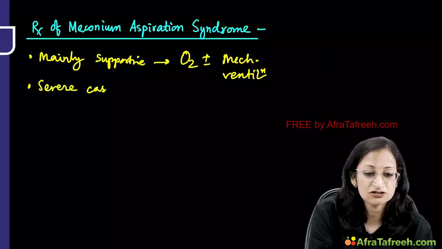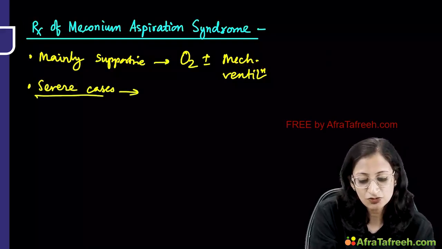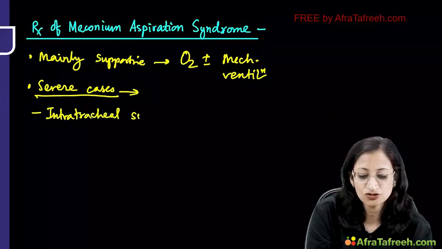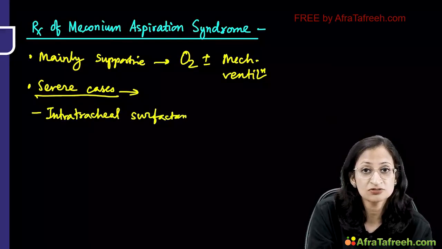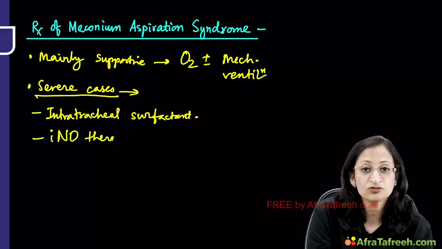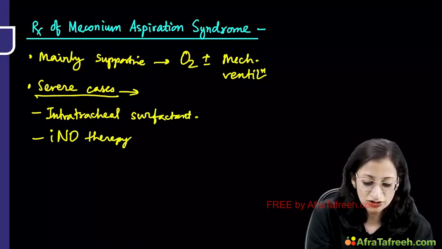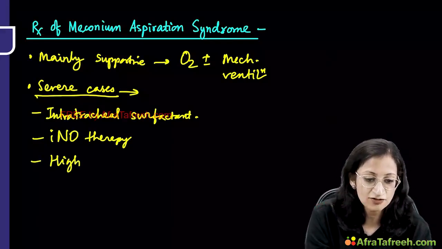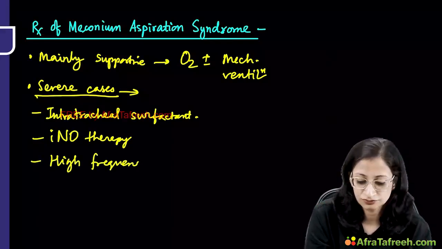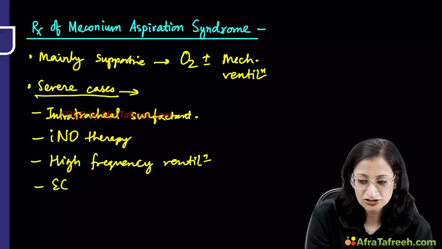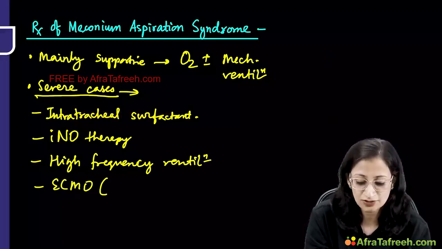So in severe cases, there has been some improvement with intratracheal surfactant, though the mechanism is not very clear. But intratracheal surfactant has been seen to produce some improvement in severe cases of meconium aspiration syndrome. Inhaled nitric oxide therapy has also produced some results. Then you can use high frequency oscillatory ventilation, and in very severe cases even ECMO, that is extracorporeal membrane oxygenation, may be used.